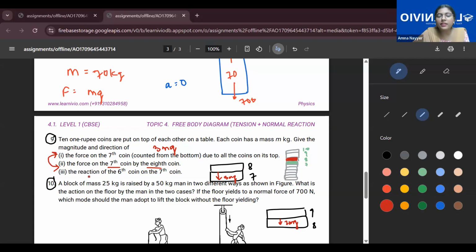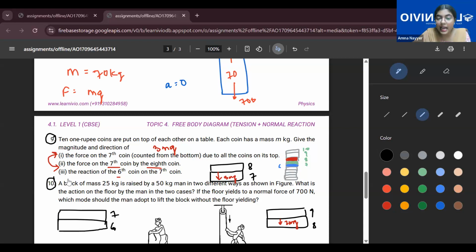Now this will be different. The reaction of the 6th coin on the 7th. 6th means this one. This is the 6th one. So if I draw 6th and 7th separately, this will be the 6th, this will be the 7th.